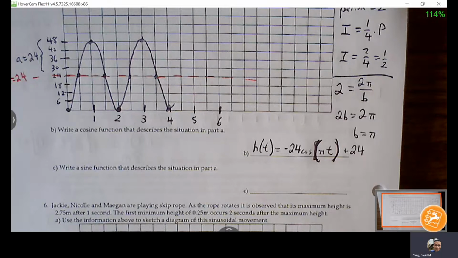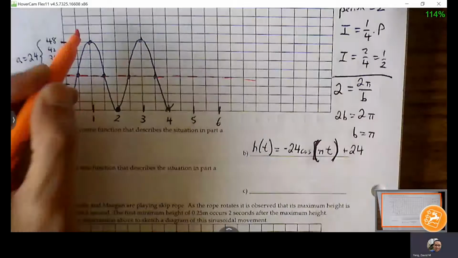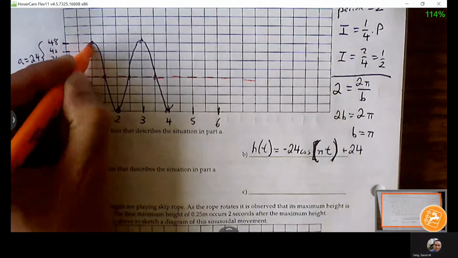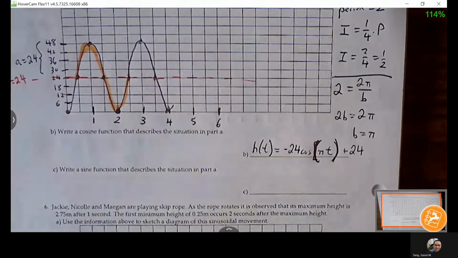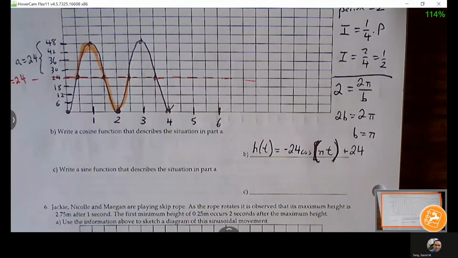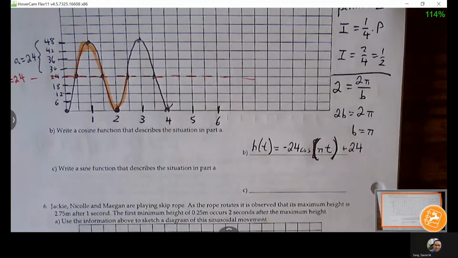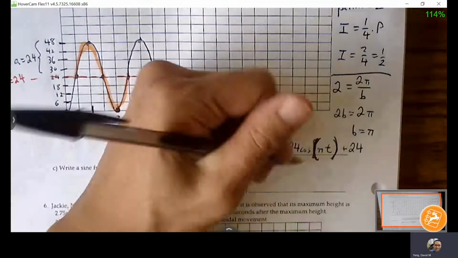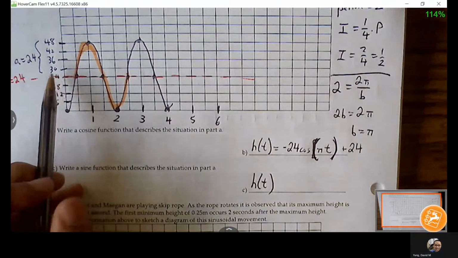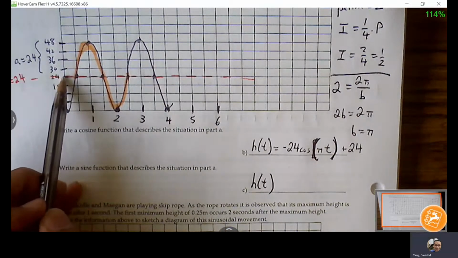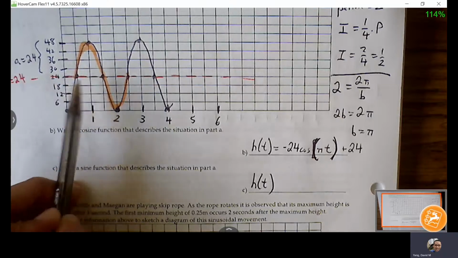Okay, do you see a sine graph nearby? So I'm going to create a sine function that starts at 0, and I'll worry about the shift.